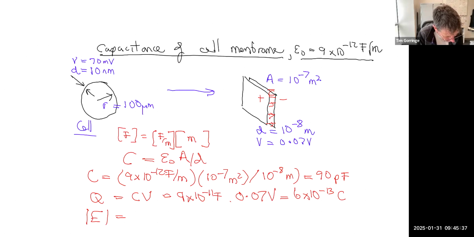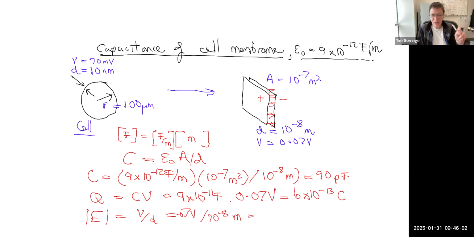So I'm just going to divide the size of the voltage, 70 millivolts, by the separation between the charges on the inner and outer walls. That's the thickness of the membrane. So we have 70 millivolts, which is 0.07 volts, divided by the separation, 10 to the minus 8 meters.